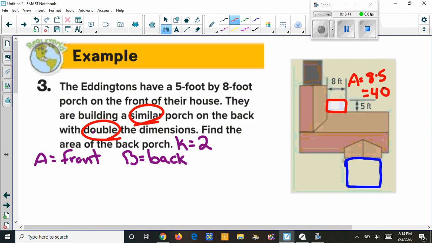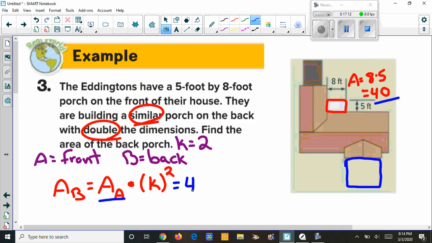Now, if we go back to the top of the lesson, it says the area of B is equal to the area of A times K squared. I know what area of A is. That's over here. So this is equal to 40 times, well, K squared is now 2 squared.